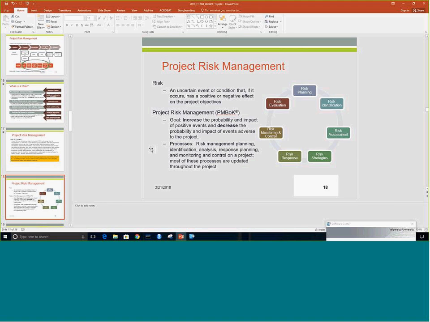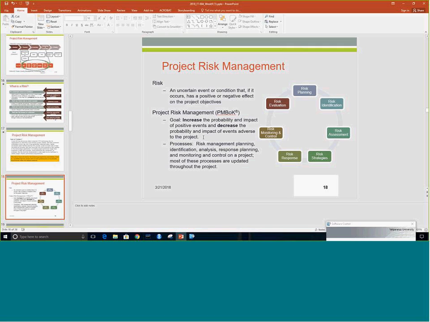Now, risk management then, basically this cycle here. Remember, a risk is anything that can change the course of a project, right? There are positive risks that increase the probability and the impact of positive events, and decrease the probability and the impact of events adverse to the project. That's possible, but more often than that, those are opportunities, right?